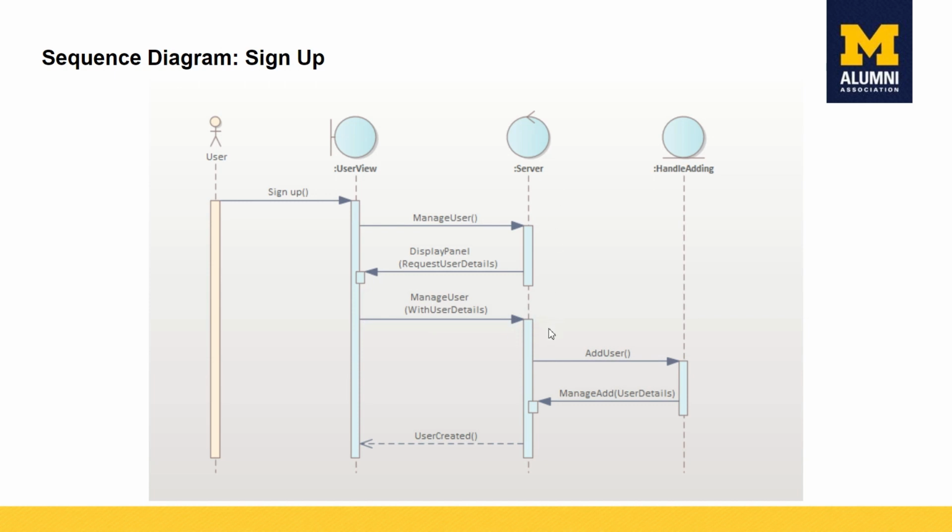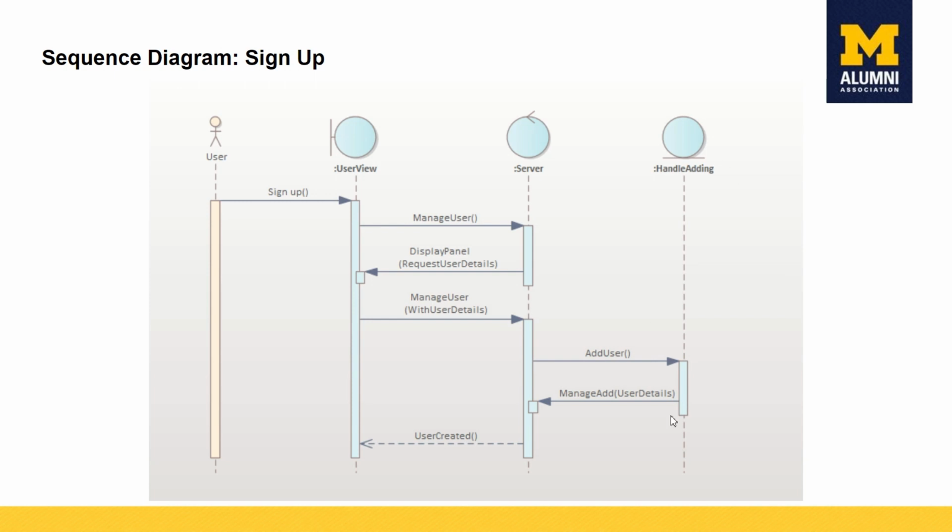And the server will direct this to add user and to check if that user is there or not. As we said, the server will not do that directly. They need to contact other classes to format the input of the user, and then they will be able to add it to the database.